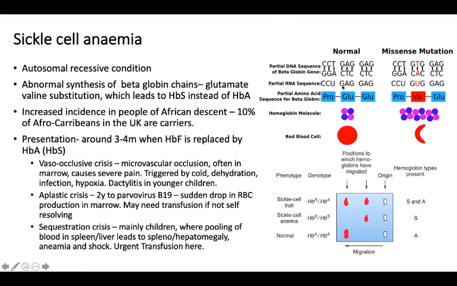Normally you'd have glutamic acid in amino acid 6 of the beta globin chain of chromosome 11. However, if due to a point mutation it becomes valine, this is what leads to sickle cell disease.